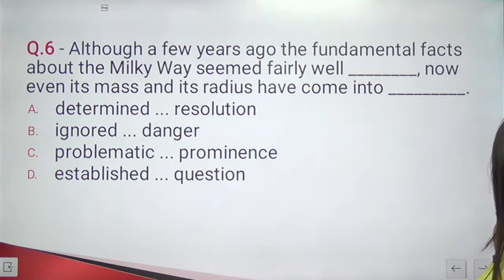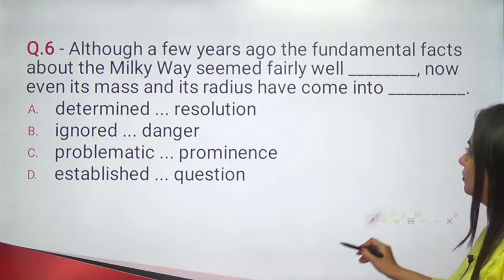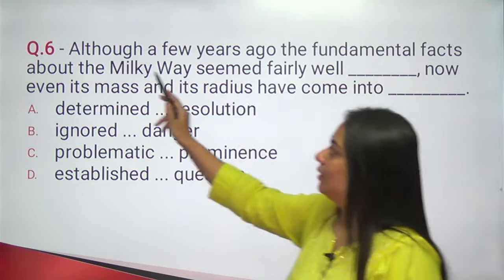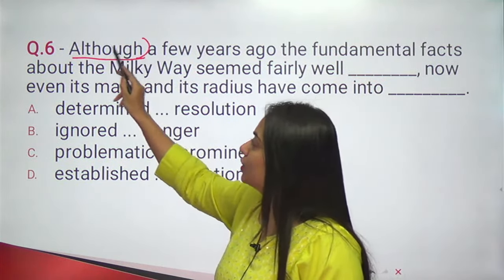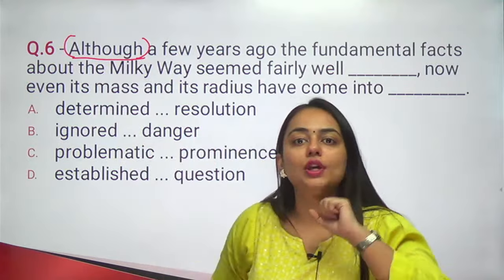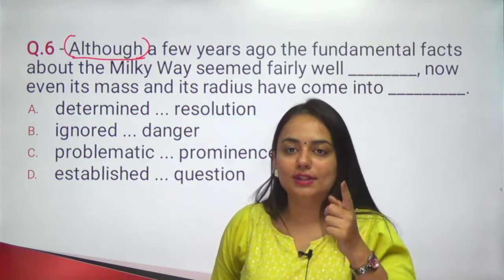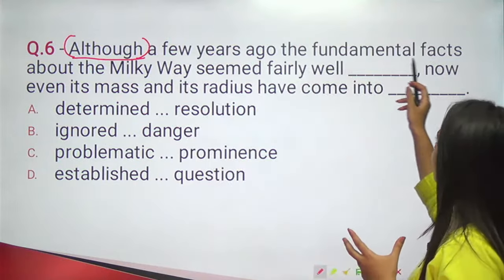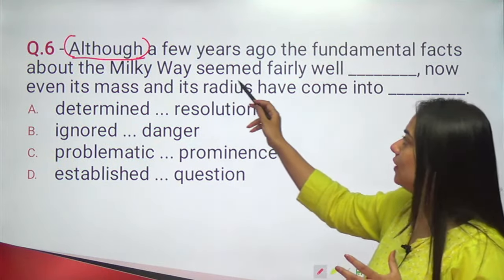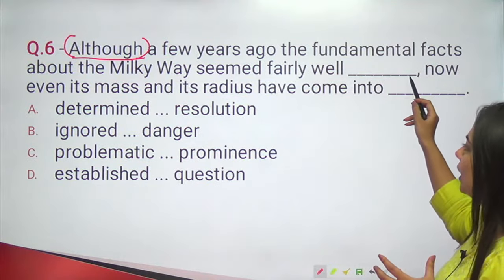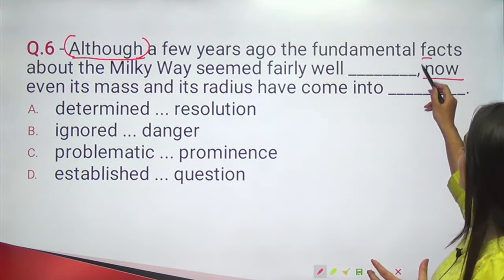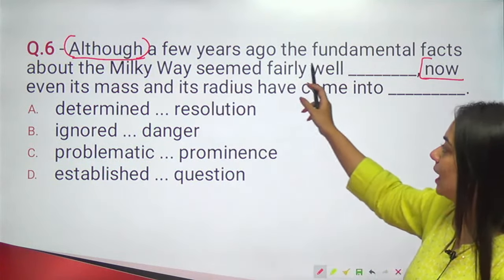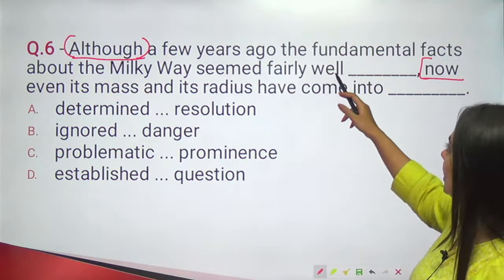Okay, the sixth question. Although a few years ago the fundamentals, keyword although. Look, the sentence itself begins with although, which means the thought will be reversed after the comma. Although a few years ago the fundamental facts about the Milky Way seemed fairly well dash, now, from here the thought is reversed. What we thought a few years ago was that we had understood the Milky Way galaxy fairly well.